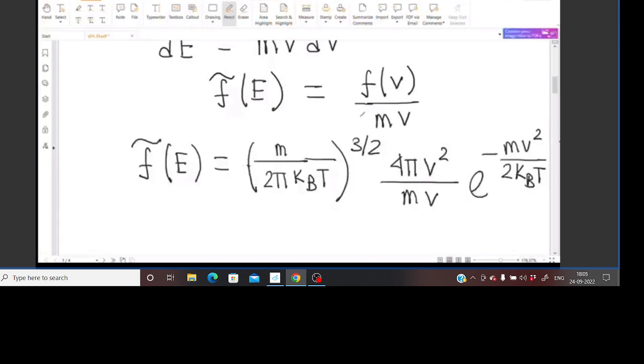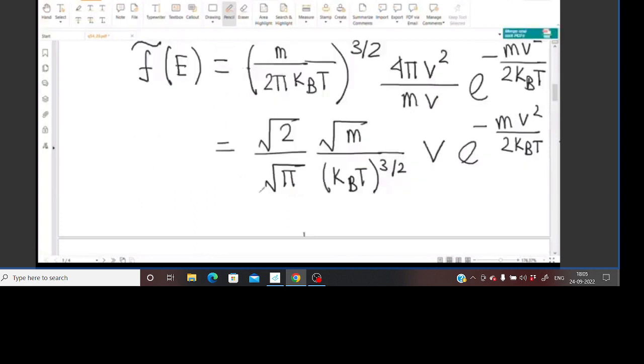Now in this problem we have f(v) equal to (m by 2 pi kT) whole to the power 3 by 2 into 4 pi v squared into e to the power minus m v squared by 2 kBT. This can also be written as root 2 by root pi into (root m by kBT) whole to the power 3 by 2 into v into e to the power minus m v squared by 2 kBT.